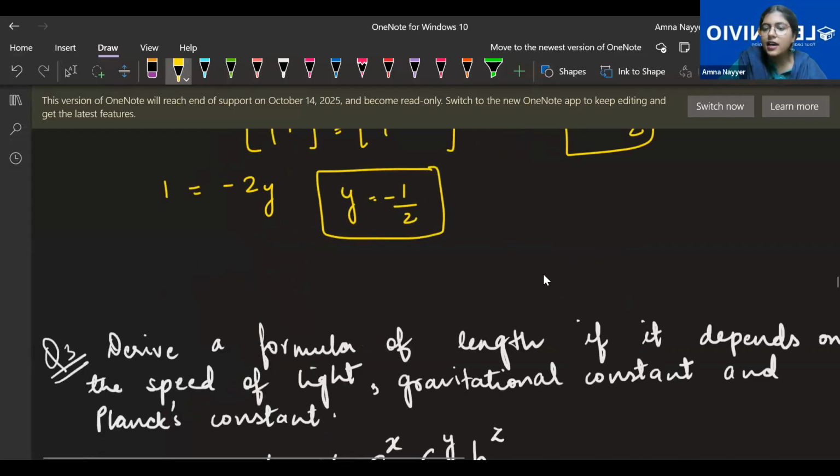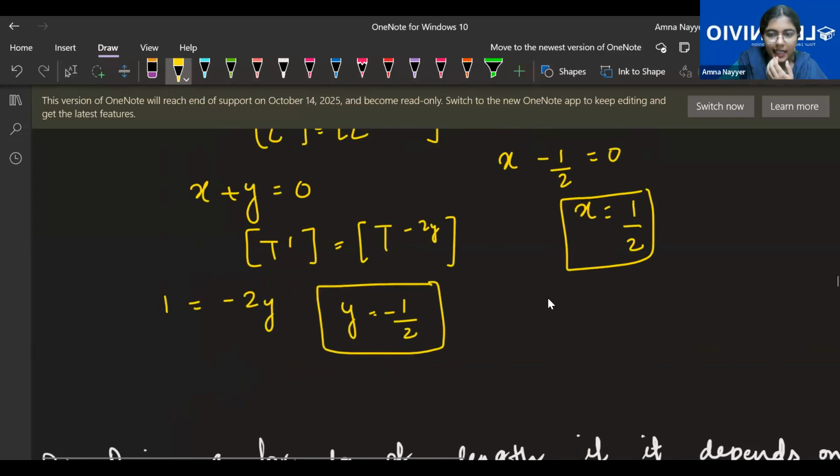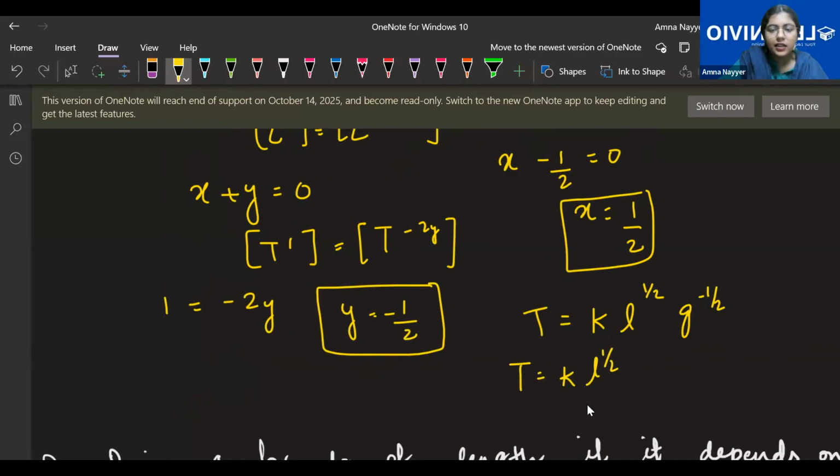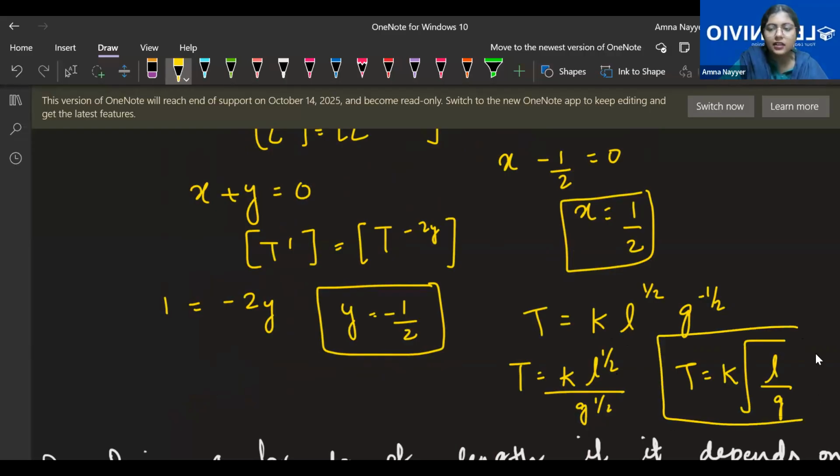So what is our formula that we are obtaining? T is equal to k L to the power half, g to the power minus half. What we can do, we can shift g in the denominator, and this can be written as k L by g. See, both have the power half, so we can write it as under root. So this is your complete formula.